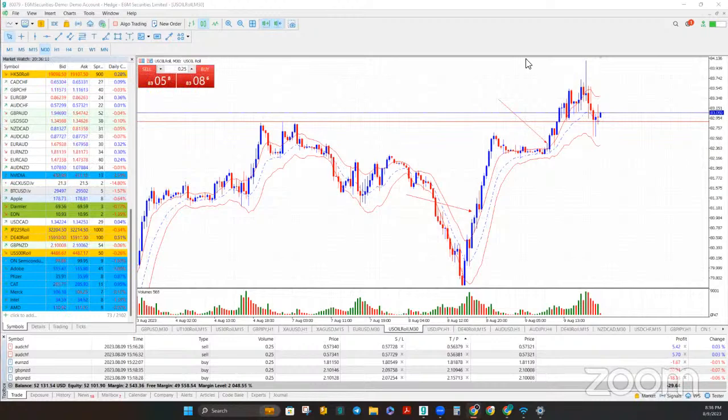For instance, the Keltner channel that I'm utilizing is a breakout indicator. Breakout indicators don't only show you a buy or sell condition; they focus more on breakouts and price action.